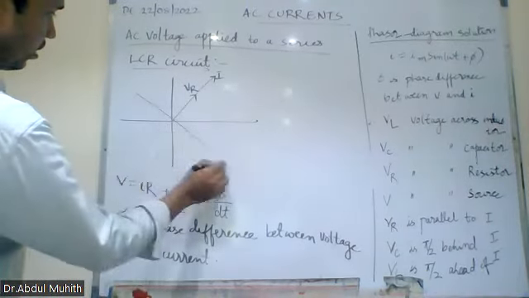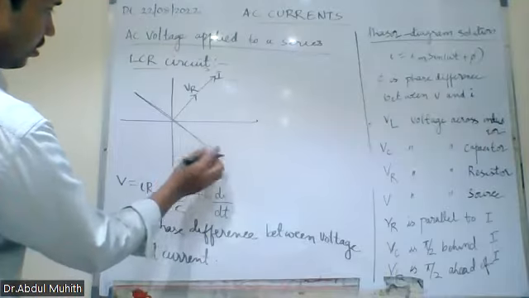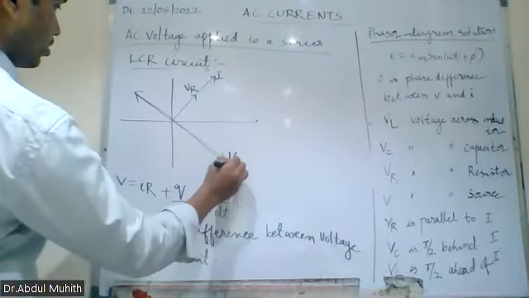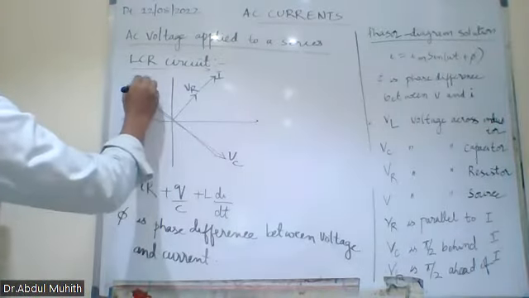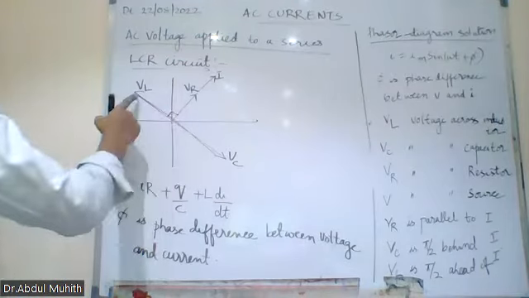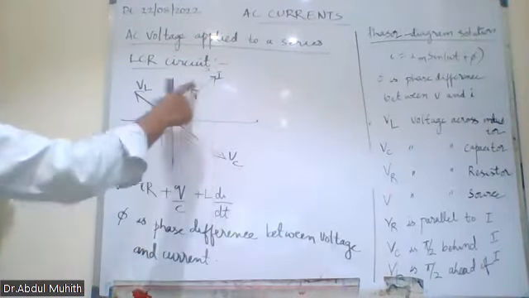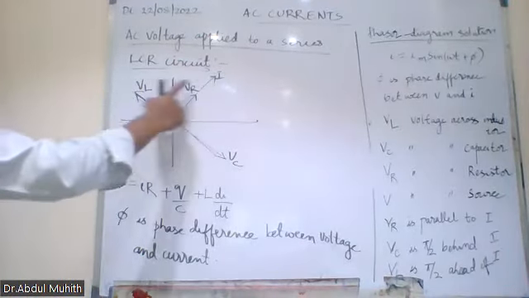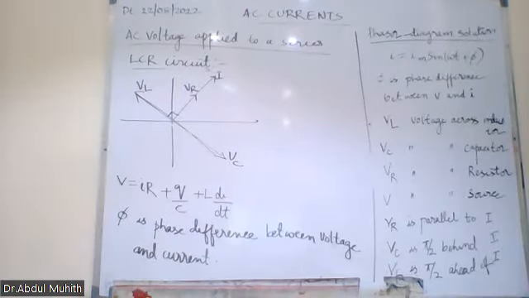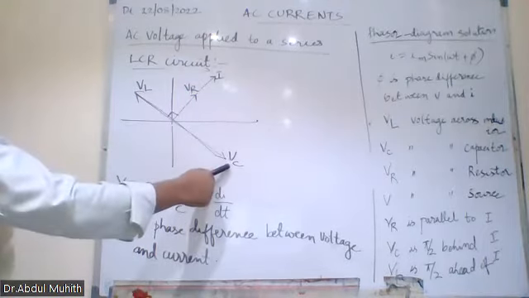Now what is happening? See here, VC is the voltage across the capacitor and VL is the voltage across the inductor. They are 90 degrees apart. The current is lagging in the inductor and leading in the capacitor.